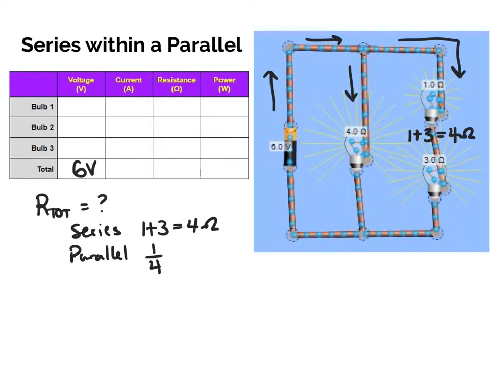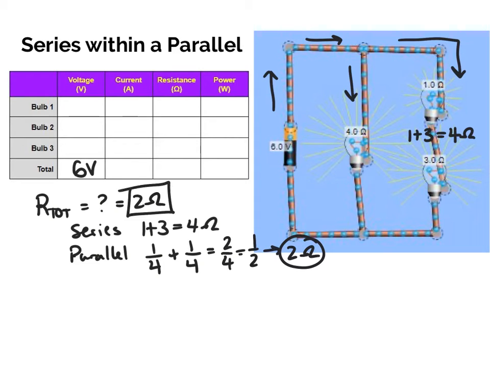I'm going to add the inverse of that to the inverse of the equivalent resistance of those series, which again is the 4 ohms. Adding those together, what I would get is 2 over 4, which simplifies down to 1/2, which means that the overall resistance within the circuit is going to be 2 ohms. So this 2 ohms that I found right here is going to be the total resistance in this circuit, okay?